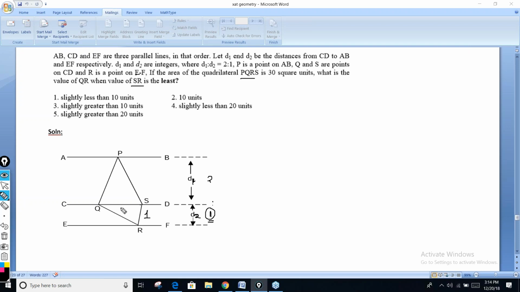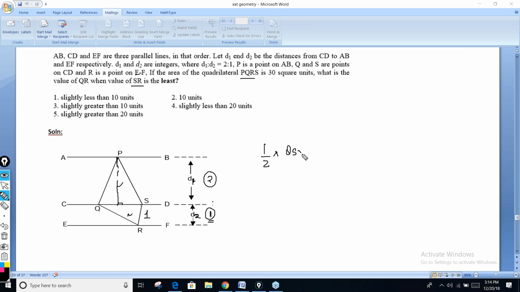What is the area? Area of this quadrilateral is nothing but the area of this triangle and area of this triangle. So if I take base as QS, height I can take as 2, and here I can take height as 1. That is D2, the distance, and that is D1, that is given as 1. So what is the area of this quadrilateral?